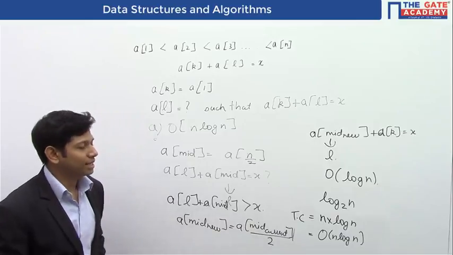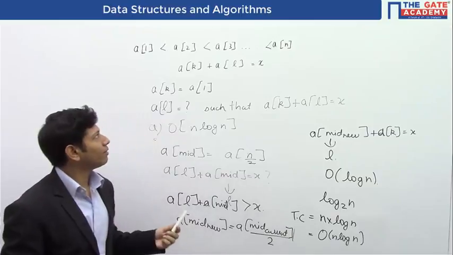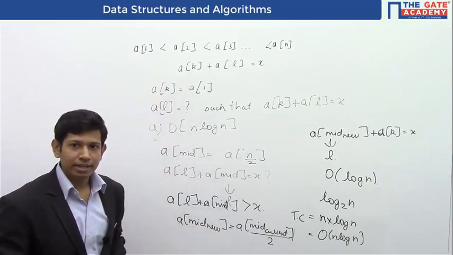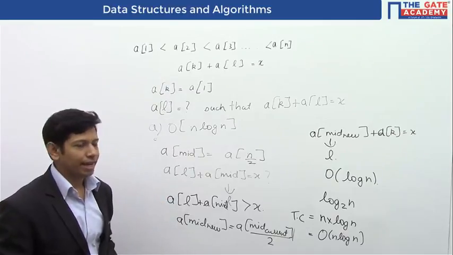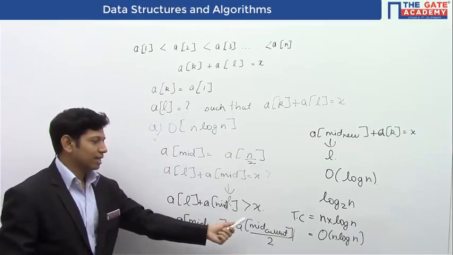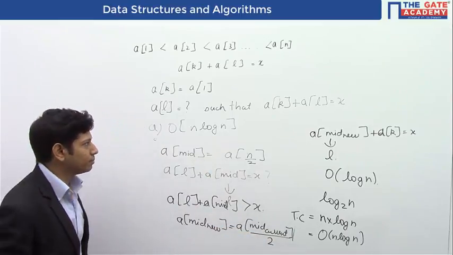How much time complexity would we have obtained had we done brute force method? If we would have done brute force, then what we would have done? We would have taken one element and checked with the remaining n minus 1 elements. So let's also see how this time complexity that we have obtained is better than the brute force method.